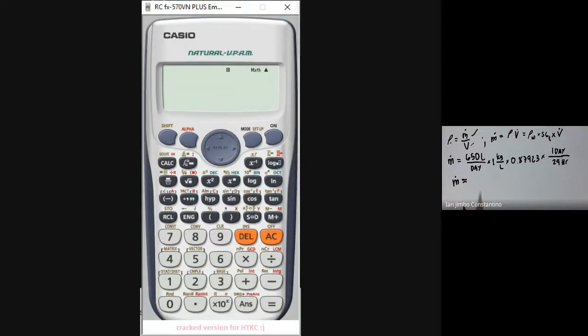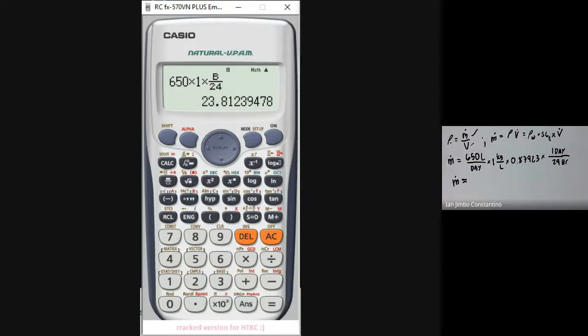So 650 multiplied by 1 times 1 times the stored value, alpha B, divided by 24 since 1 day is 24 hours.